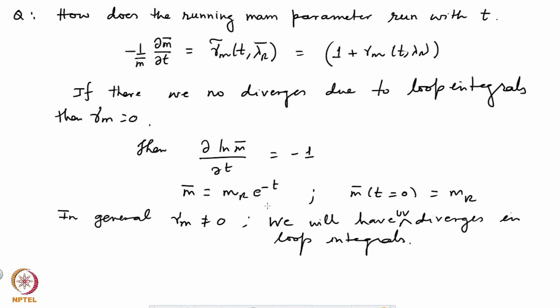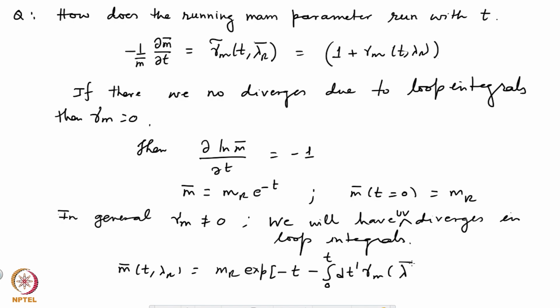So in that case, the result m̄ will not be m_R e^(-t), but will be the following: m̄(t, λ_R) would be m_R e^(-t), which is still this result, but then a correction due to the effect of renormalization, which is this. So you can integrate the above equation and you'll get the following.